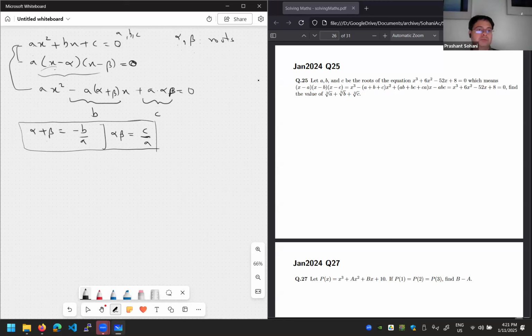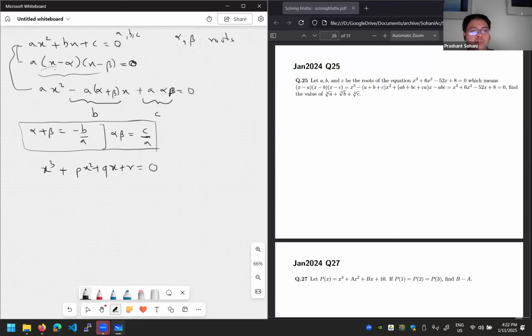Okay, so the same thing can be extended to other polynomials also. For example, in this case, question 25, we have a cubic polynomial. So if I have a polynomial, and for simplicity, let us assume that the coefficient of the leading term, x cube, is 1. Otherwise, you can always divide the whole polynomial by that coefficient to get it to be 1. Let us say the other coefficients are p for x square, q for x, and r.